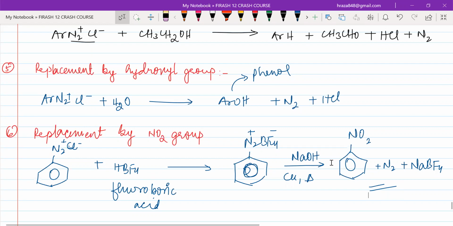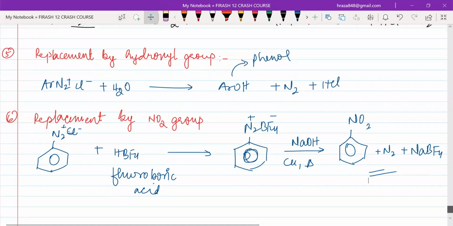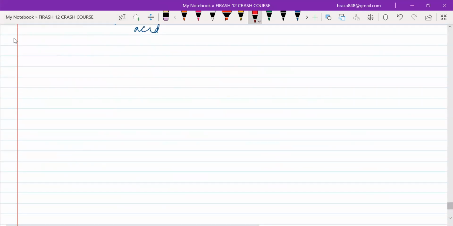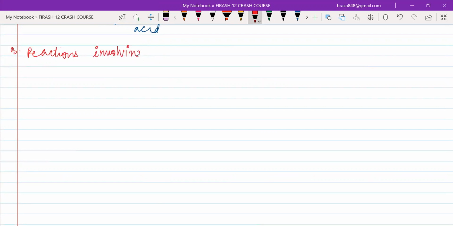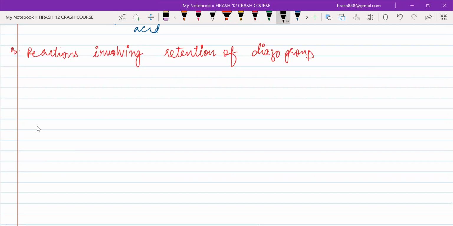Very good. Now the last reaction in which we study the B-type reactions involving retention of diazo group, which is basically the coupling reaction.